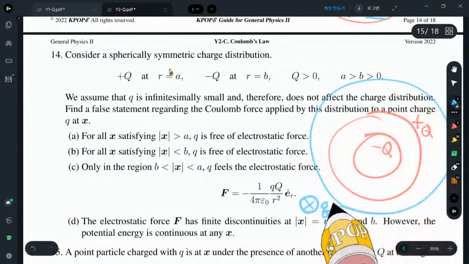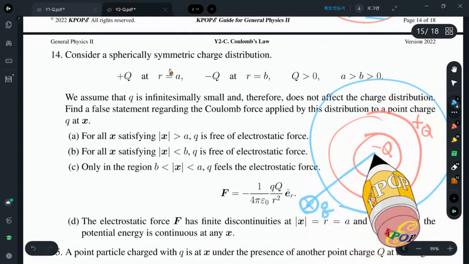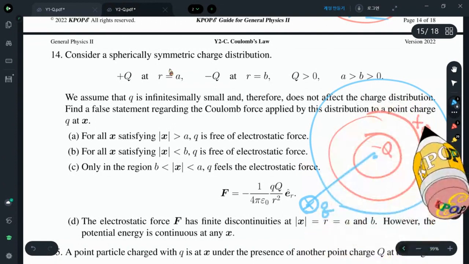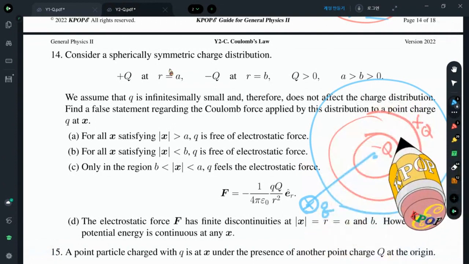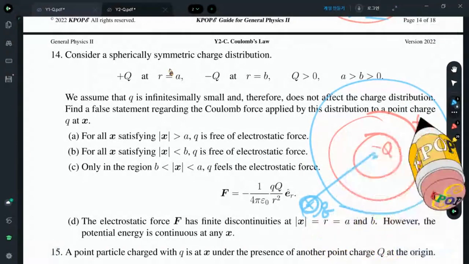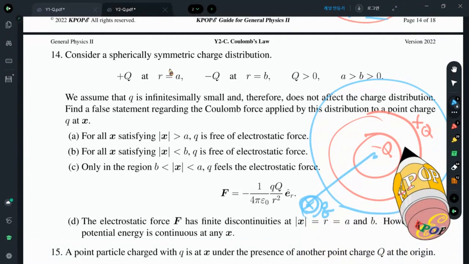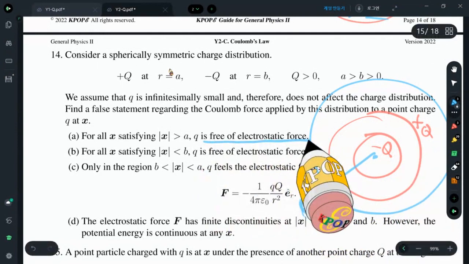According to the shell theorem, what is the net charge inside? The sum of this is 0. That means this charge does not communicate with the sum of the two charges because of the shell theorem. It is at 0, free of electrostatic force.